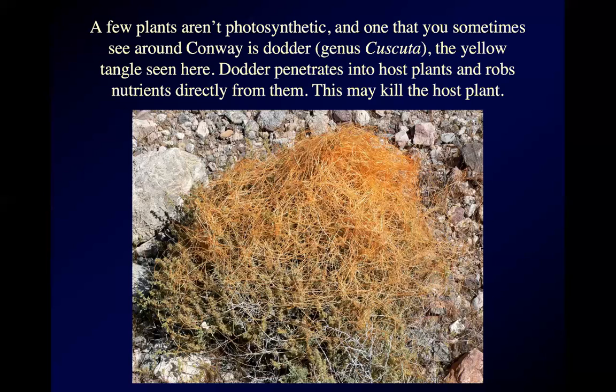That green plant may end up dying because the dodder has penetrated into its stems and is slurping up that plant's water and nutrients. So there are a few plants that are not photosynthetic because they are parasites on other plants. And yeah, this is one that I have observed around here. Maybe you've seen it too, or maybe you will now that you know what to look for.